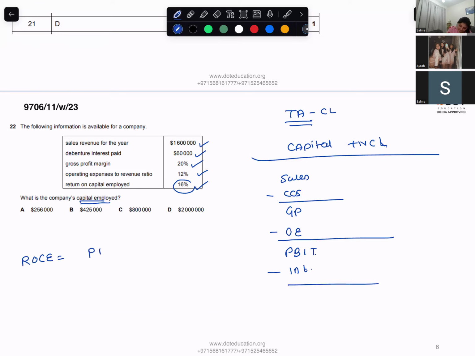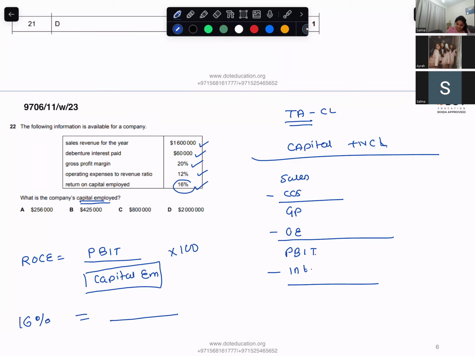Profit from operations upon capital employed into 100. I want to find capital employed. So they've given me 16%. If I get the profit from operations, I can get the capital employed. I'll get the profit from operations from here.